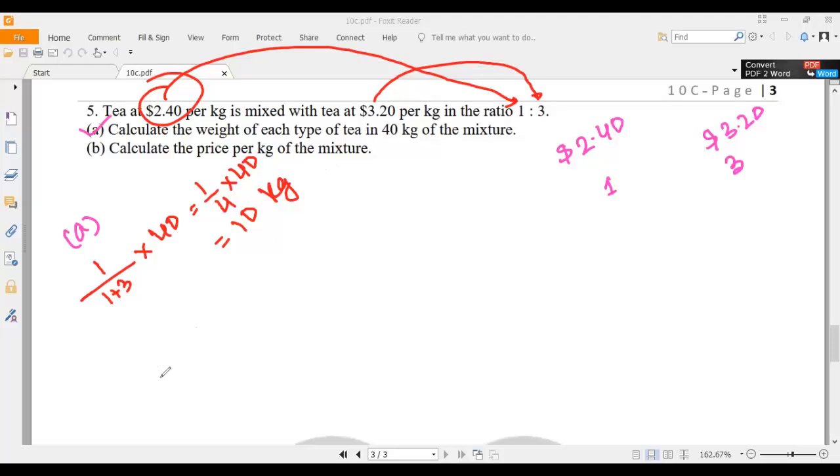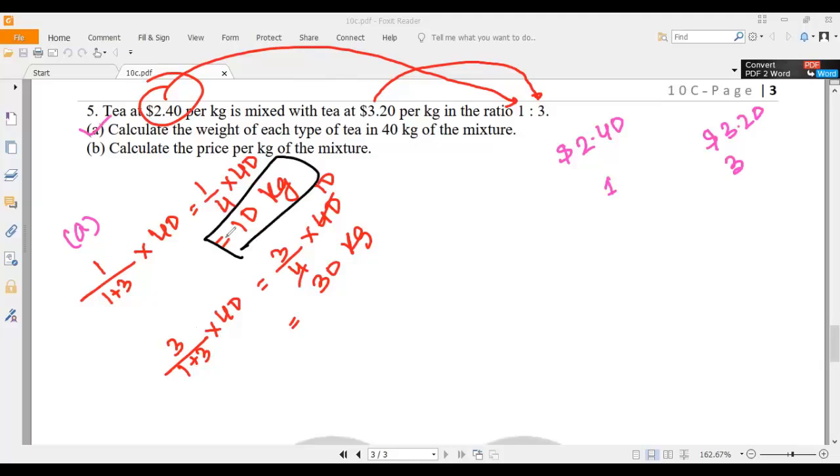And $3.20 tea will be 3 by 1 plus 3 multiplied by 40. 3 by 4 multiplied by 40, that means 40 by 4 is 10. 3 10s are 30 kg. So here we can find out the weight of each type of tea in 40 kg of the mixture. So 10 kg of $2.40 tea and 30 kg of $3.20 tea will be there.